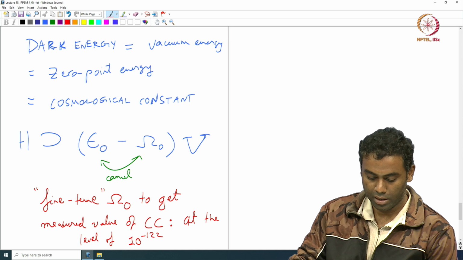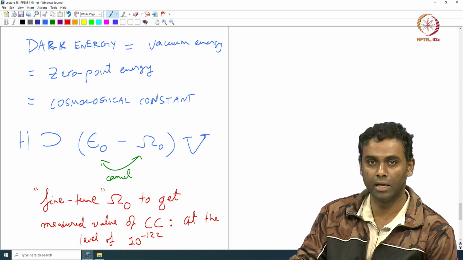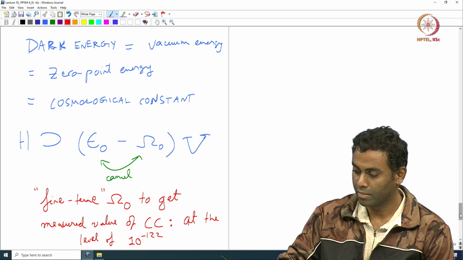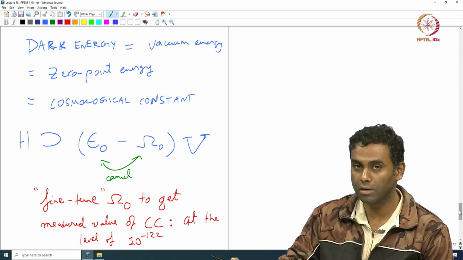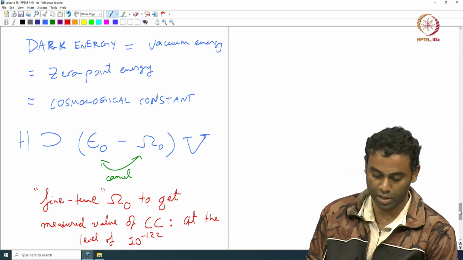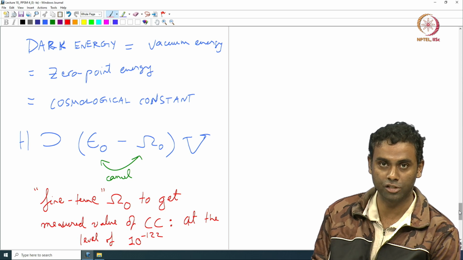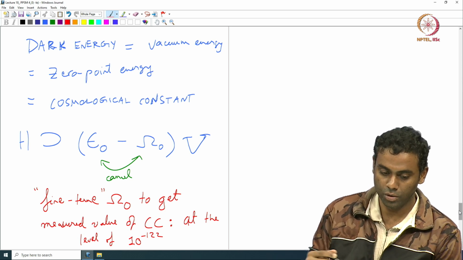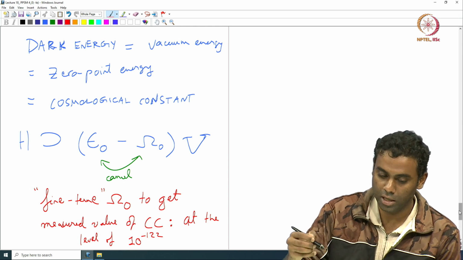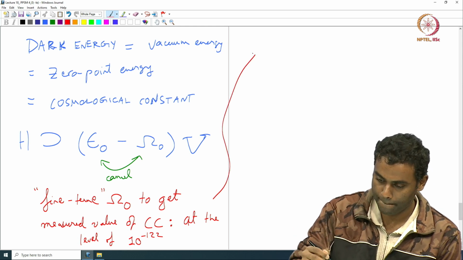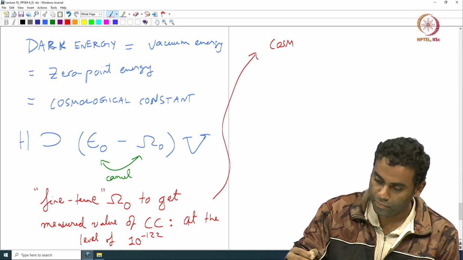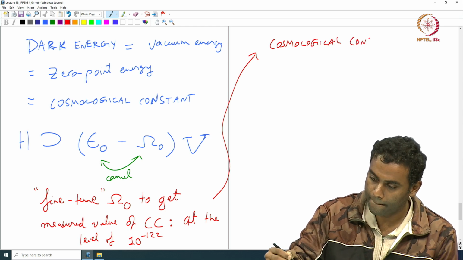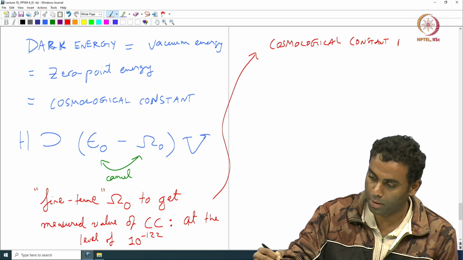Okay. Now that looks very, very, very unlikely, right? And you agree if you buy something, okay, let's not go into the analogy, but it's just a very strange thing that you have to cancel so many decimal places. So this fine tuning is what is known as the cosmological constant problem.